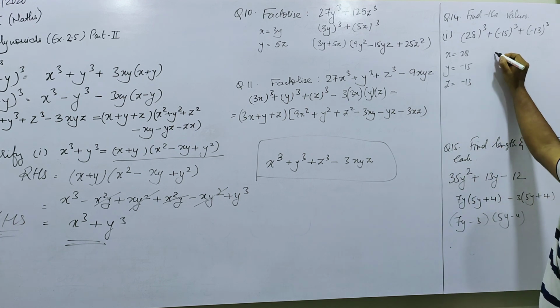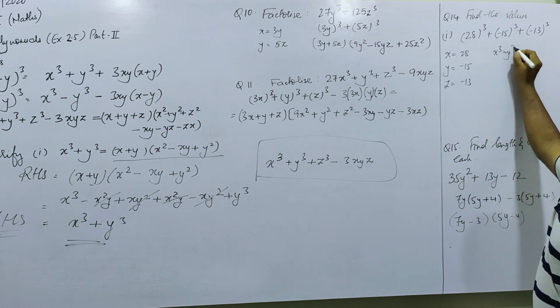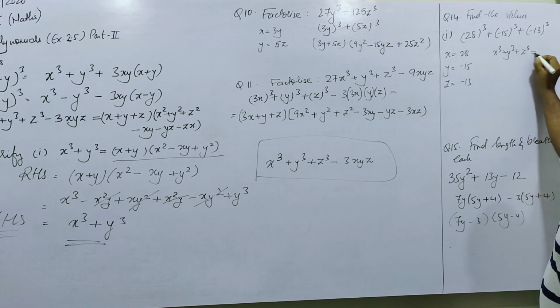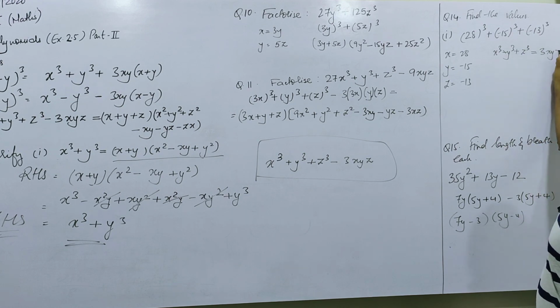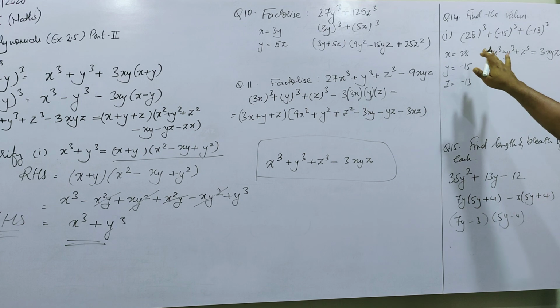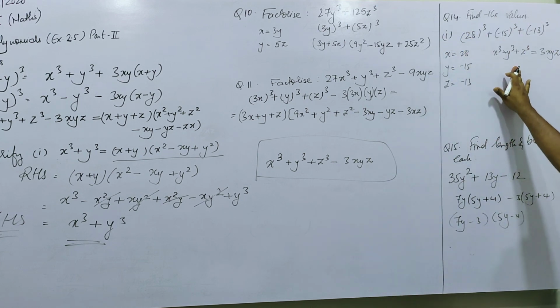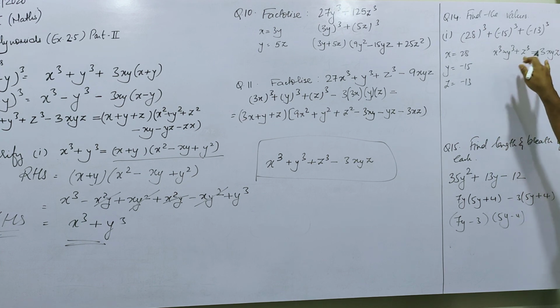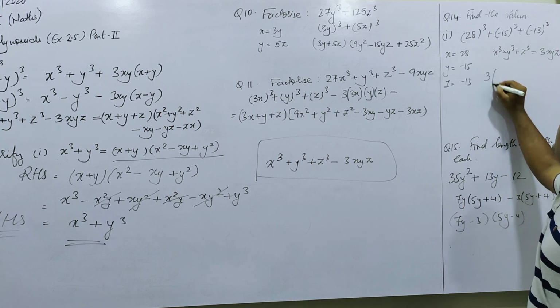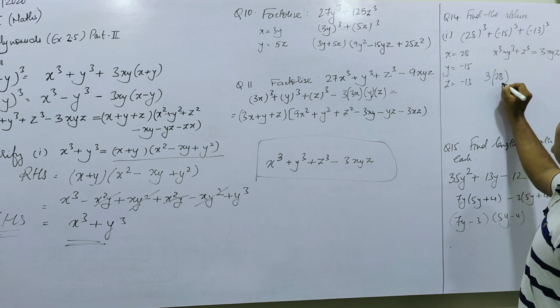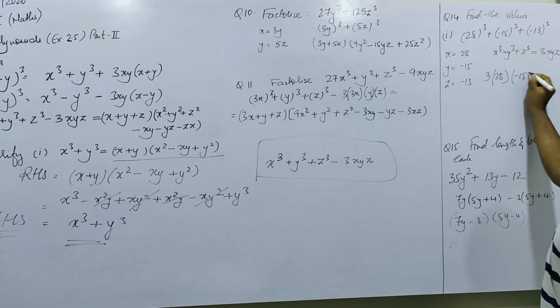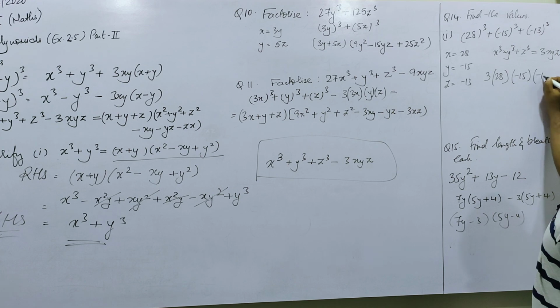So you can use that x cube plus y cube plus z cube is equal to 3xyz. So you do not have to find the cube of 28. You have to just use the identity. So I am finding the value: 3 into x is 28, y is minus 15 and z is minus 13.